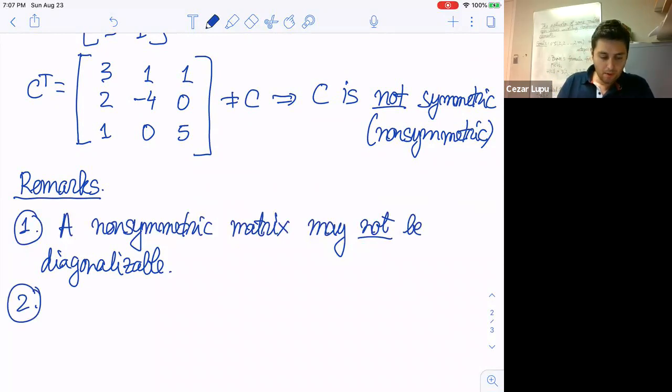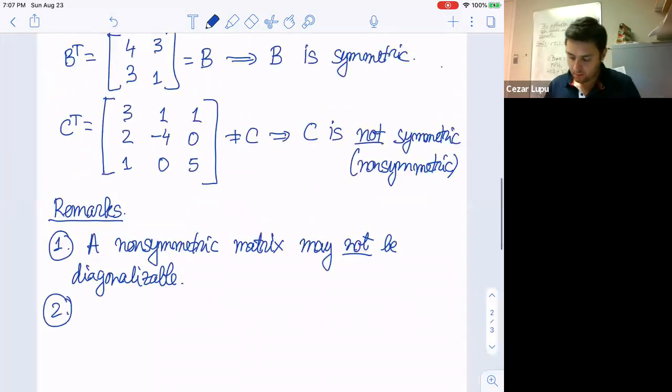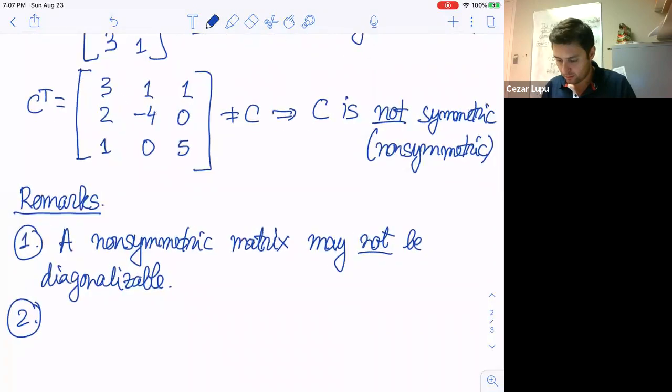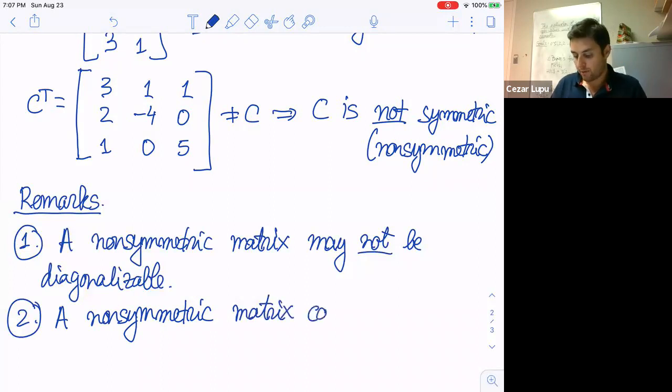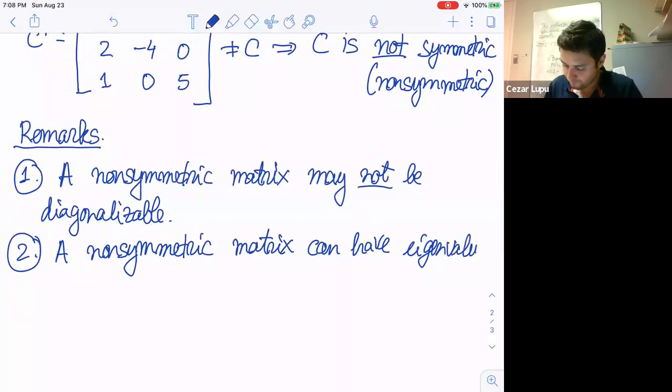The second one is that a non-symmetric matrix can have eigenvalues that are not real.